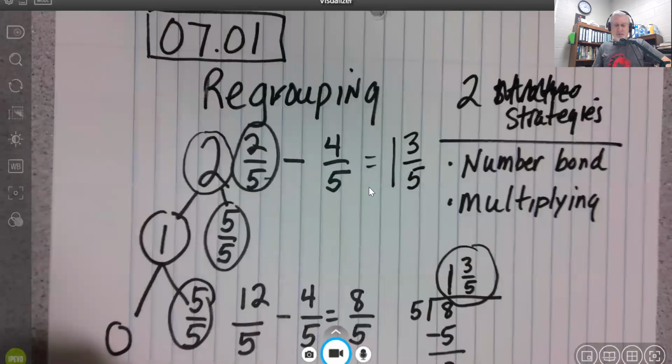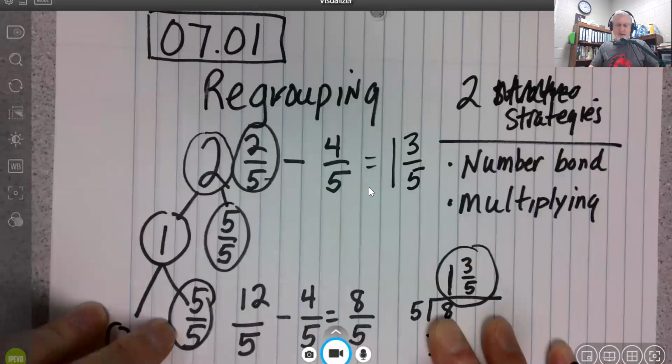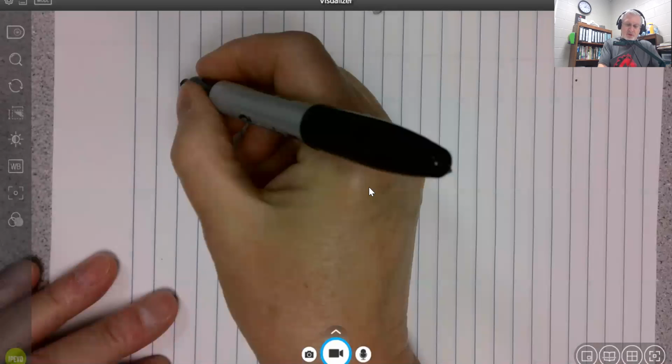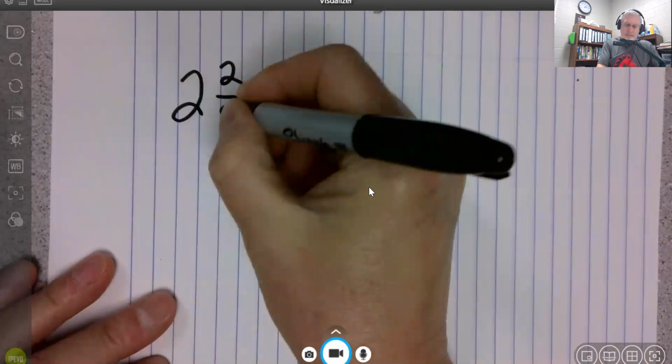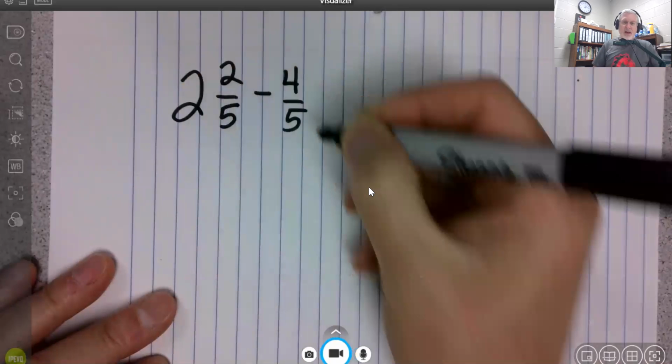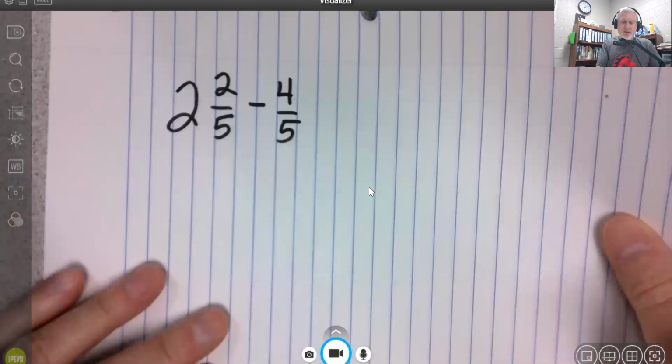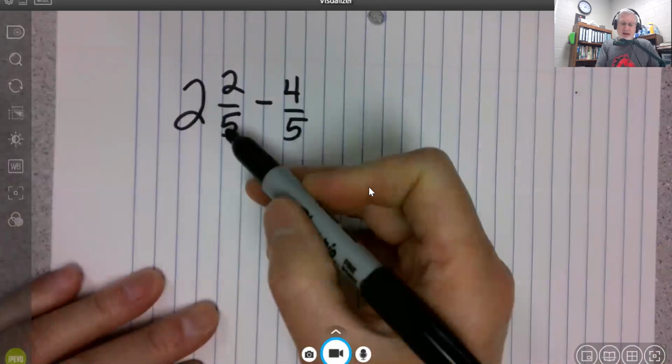Okay, now I'm going to show you a second way of how you can do this. Same problem. So 2 and 2 fifths minus 4 fifths. And like I said, we're going to use multiplication. So I know that 2 wholes, I have 2 wholes.